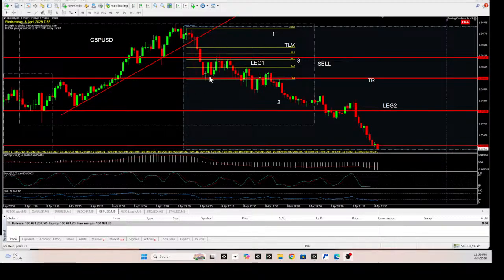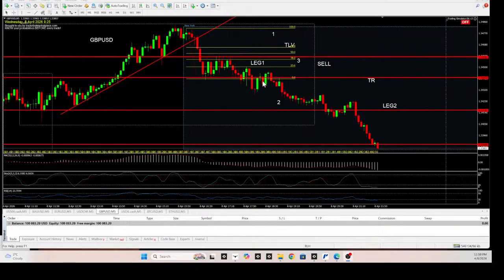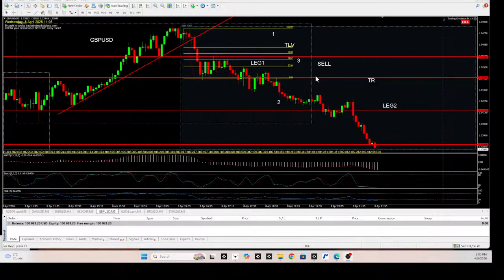And after that big sell, a trade range formed right there. And it stays in that trade range, does a W, until finally it moves out through the bottom down into leg 2.